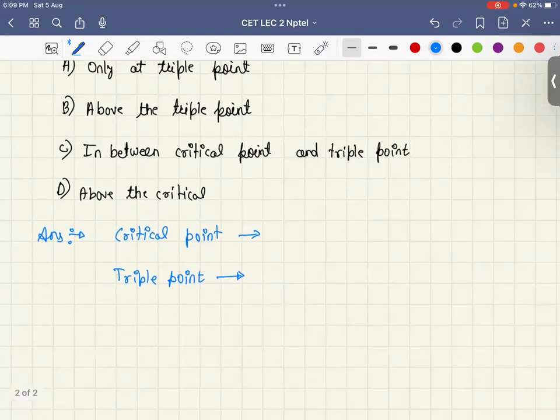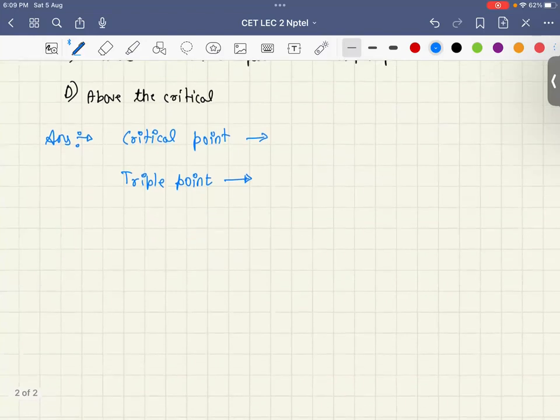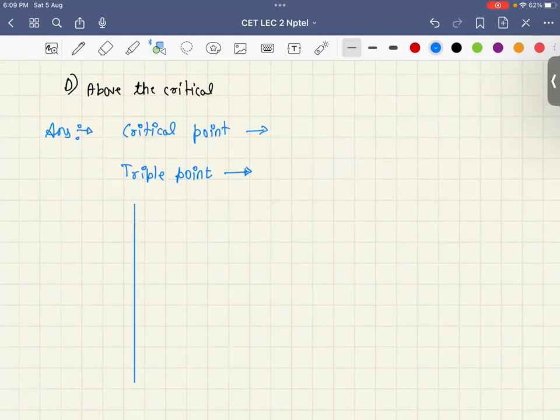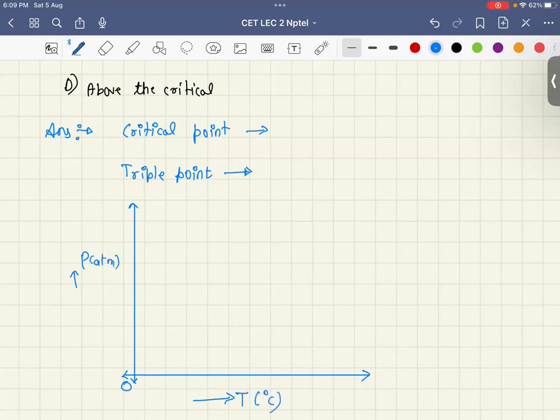For example, if you draw the diagram of a pure component, this is the origin, this is pressure in atm, and this is temperature in degrees Kelvin. The diagram for water looks like this.